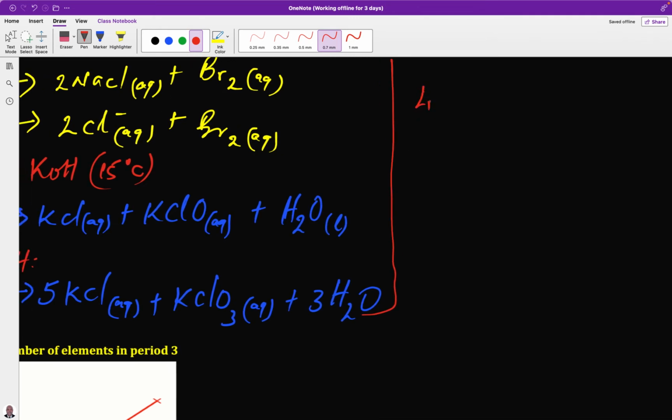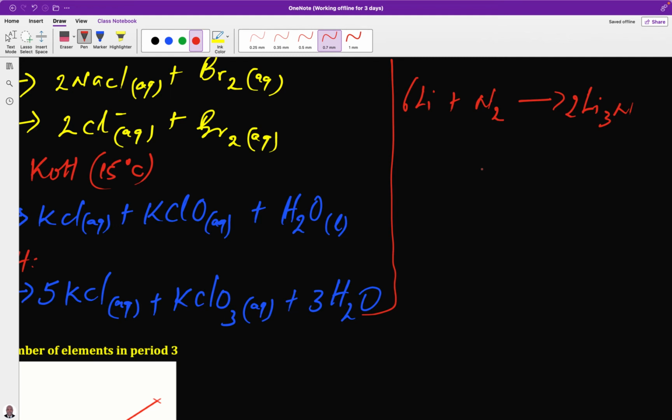Lithium plus nitrogen will give nitride.